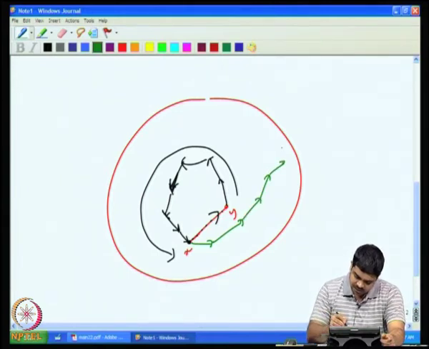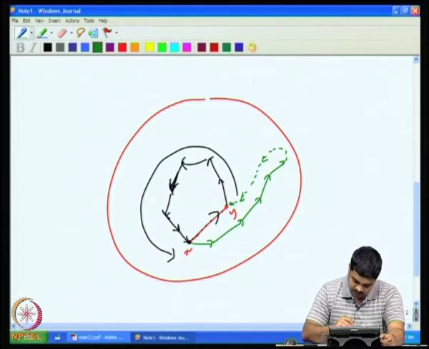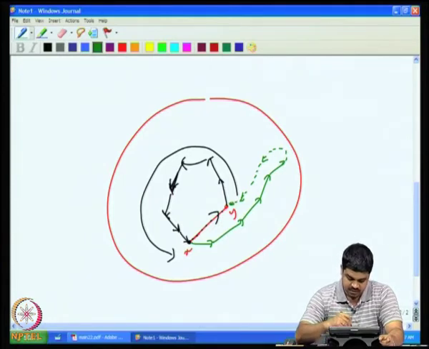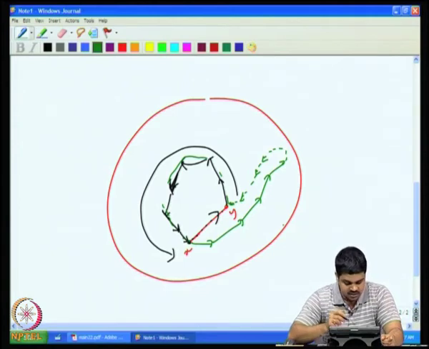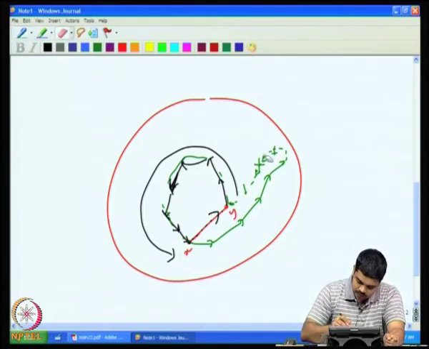Now, the question is, is it possible to go and hit y somehow? Is it possible to include y in the longest path starting from x? It is not possible, because if it is there, then we can always travel starting from x through the green edges and through these black edges, and then come back to x, forming a directed cycle. So, this will never happen.